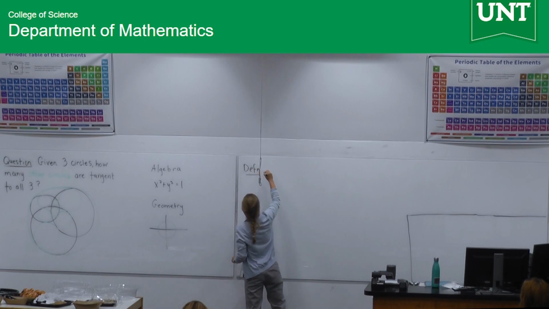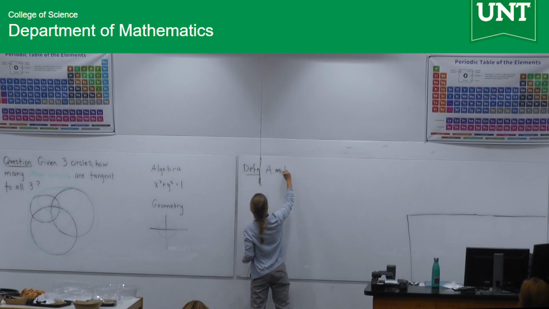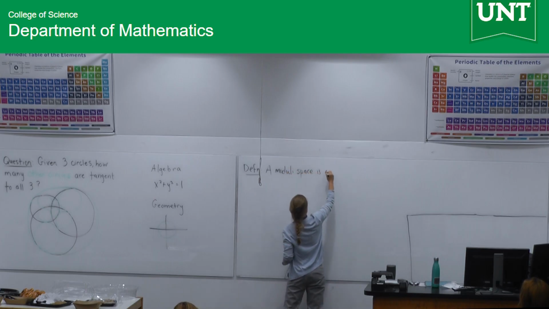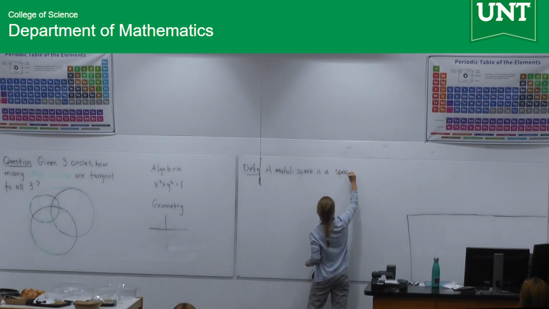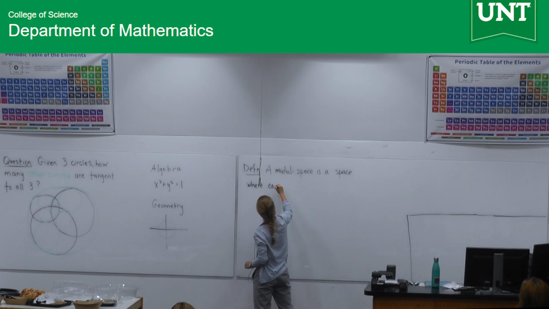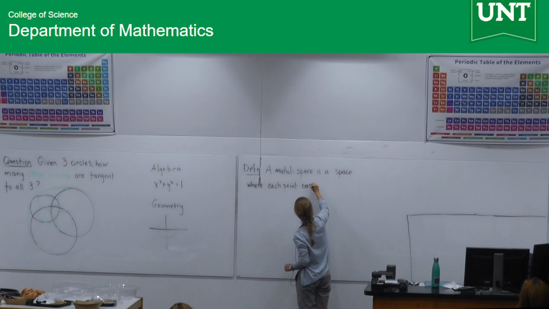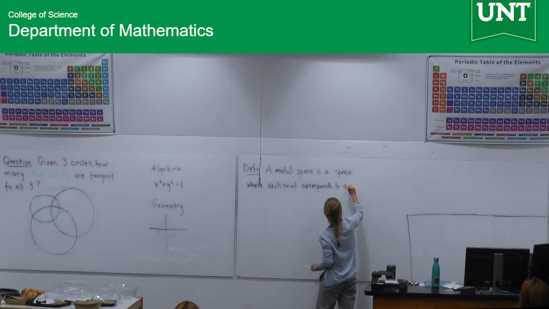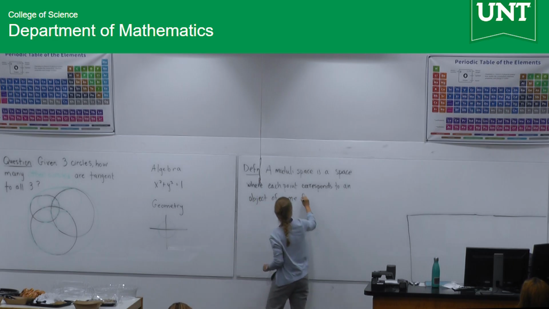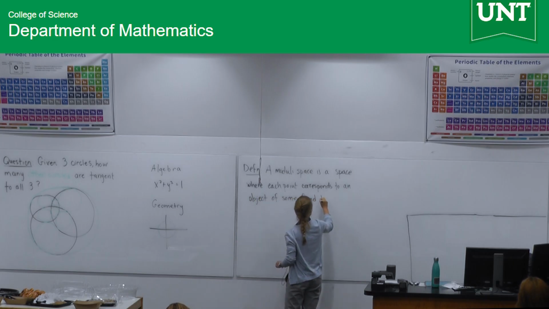A moduli space is a space where each point in it corresponds to an object of some fixed type.